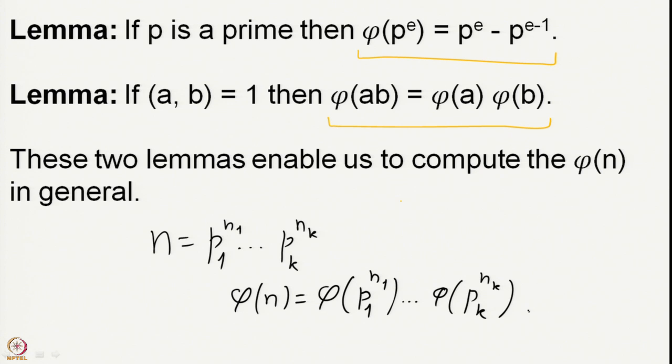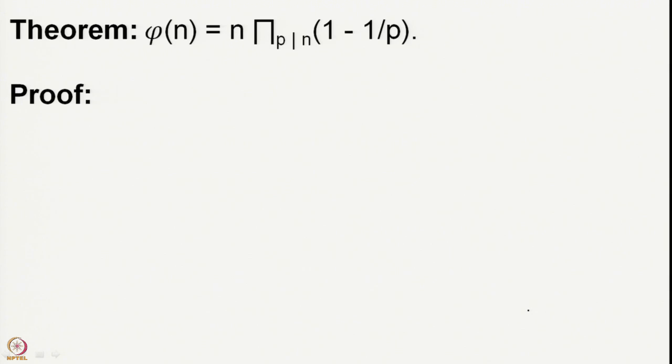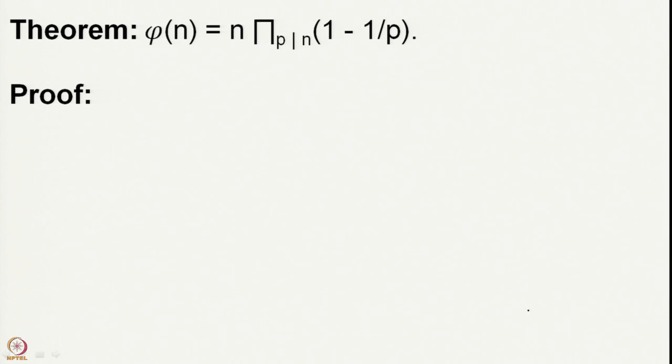This is how one would compute the Euler phi function in general. There is however one more formula which is quite useful, and it is this formula. It is actually quite easy. It tells us that the Euler phi function is n into the product of 1 minus 1 upon p, where p varies over the prime factors of n.